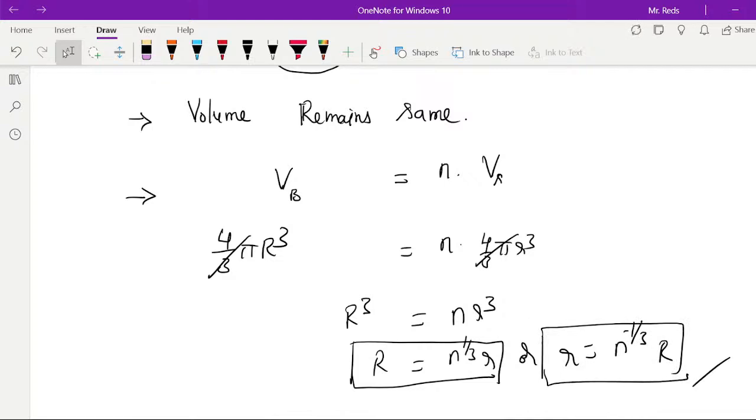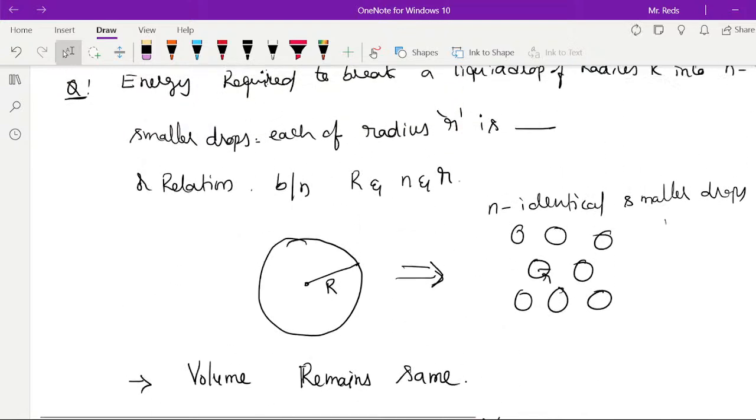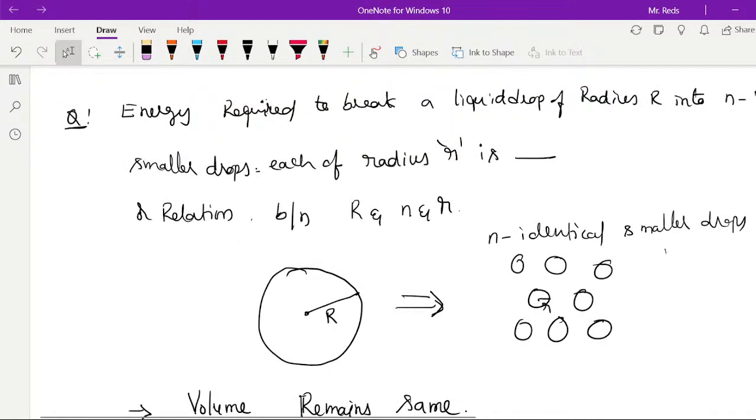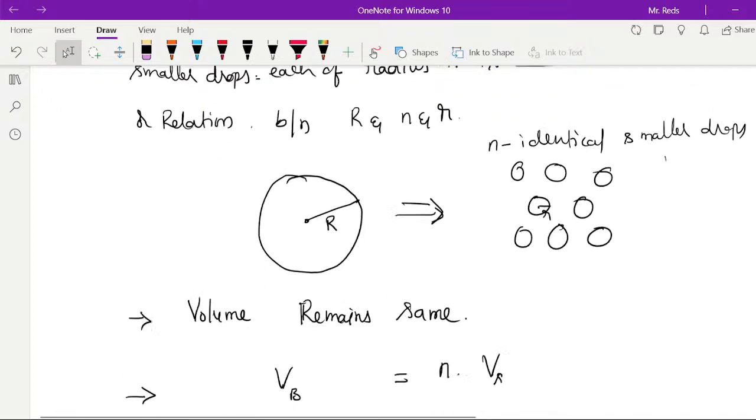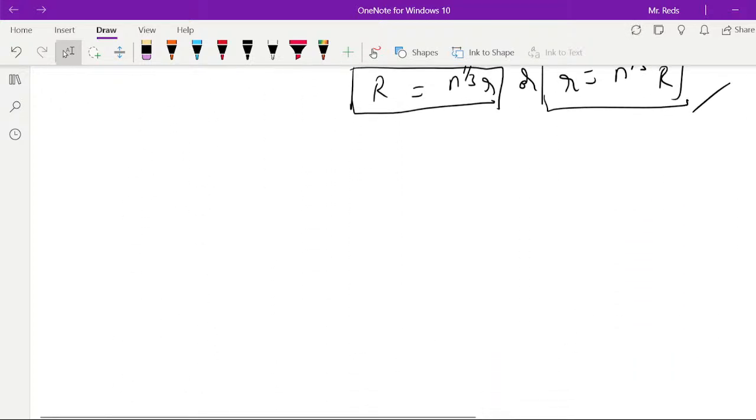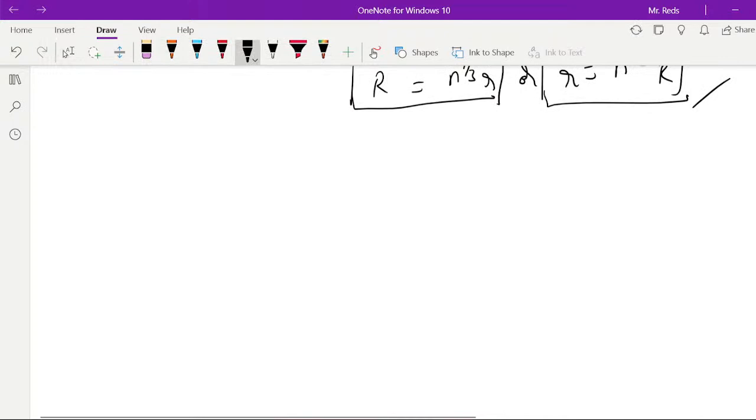Now why we need this, you can understand. We are trying to find the energy required to break a liquid drop into n identical smaller drops. Here the energy is nothing but work done. The work done is equal to the change in surface area into surface tension.